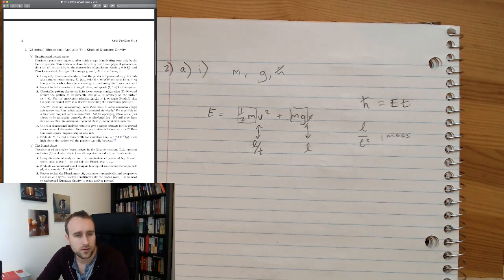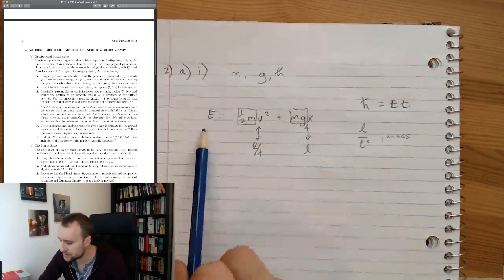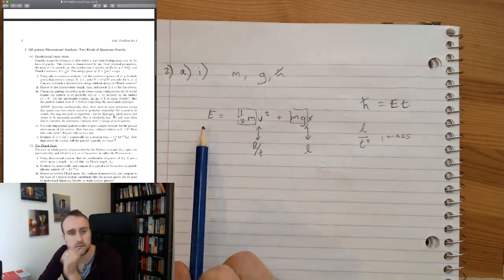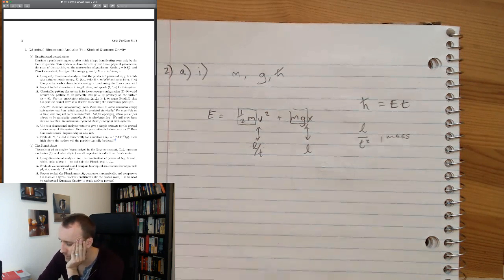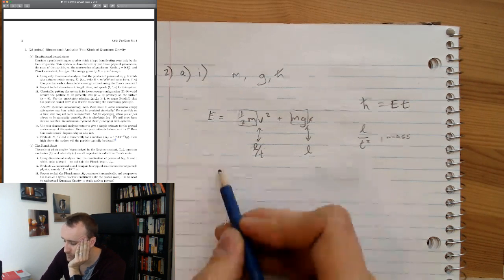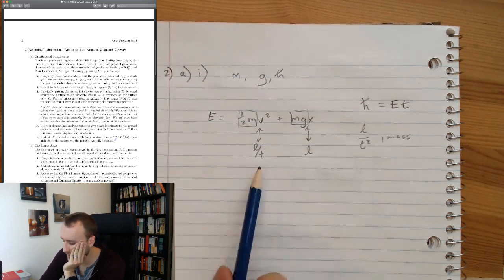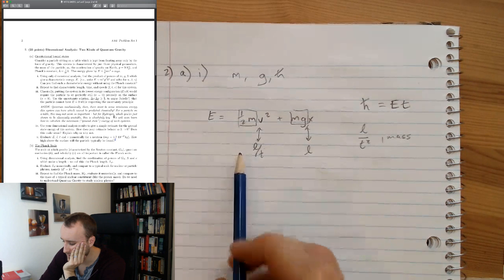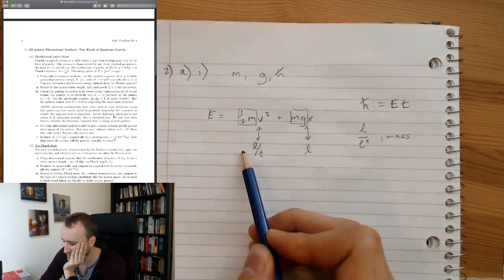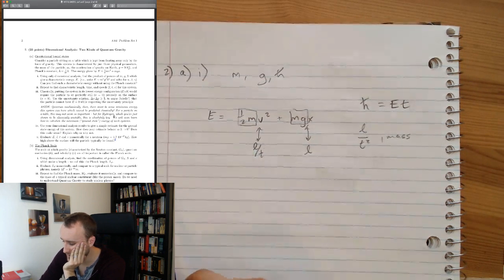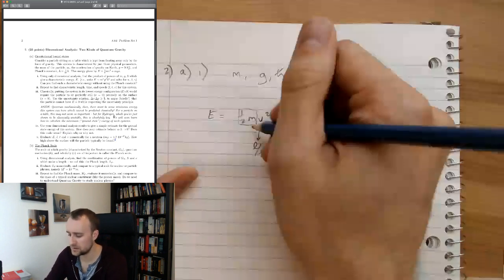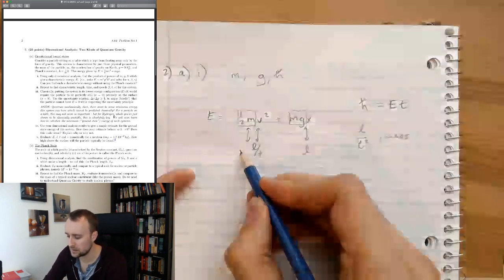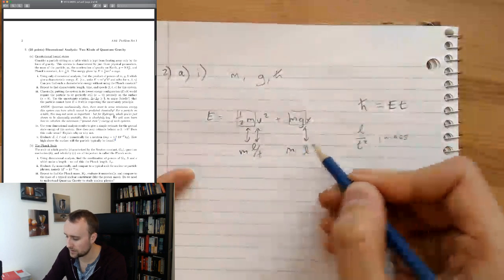So this is an energy. So energy times time. This is length. Sorry, let me just write these down. This one here, we have mass. And this one here, we have mass.